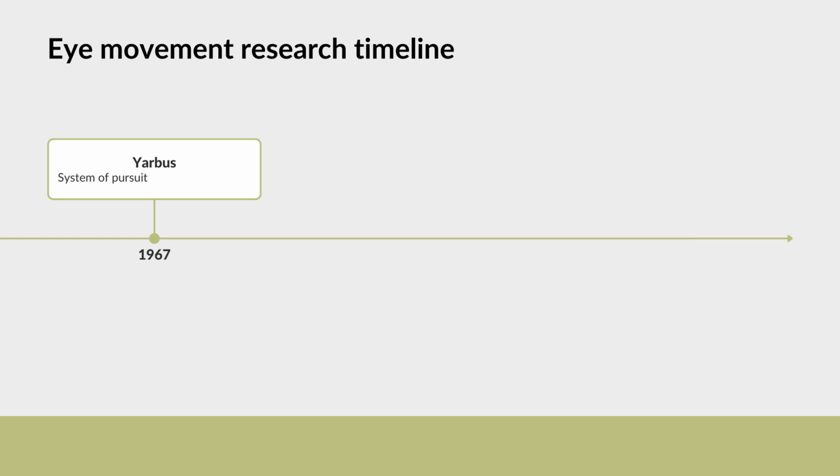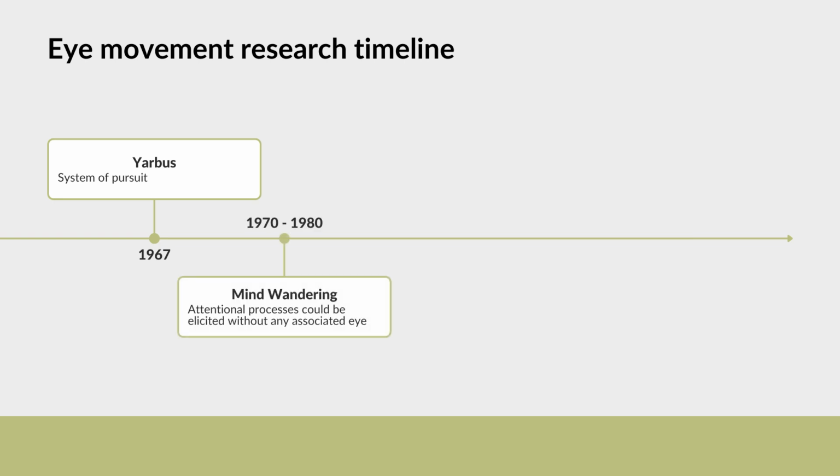One of the key findings during that time was that the fixation on an area of interest was not necessarily related to attentiveness to the field of interest. In other words, the eyes could be fixed on one place, but the attention be in another place. This was described by Faber as mind wandering.